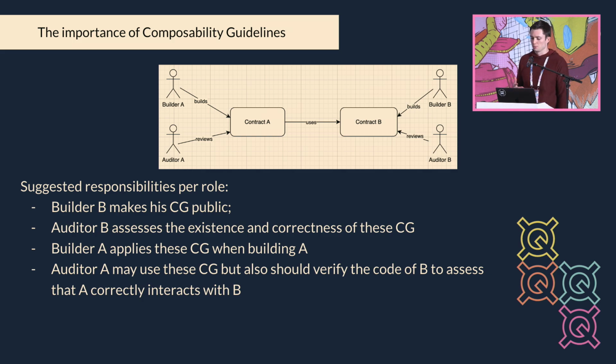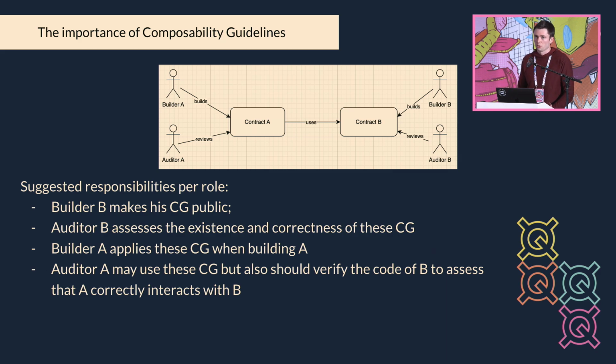If contract B was built first and then contract A uses contract B, and I am an auditor for contract A, then I'm hoping that not only did auditor B do a good job, but I also need builder B to have good integration documentation so that I can quickly reference how contract A should be correctly integrating with contract B, and how my contract can avoid any of the common pitfalls that might have come up from integrating with contract B.